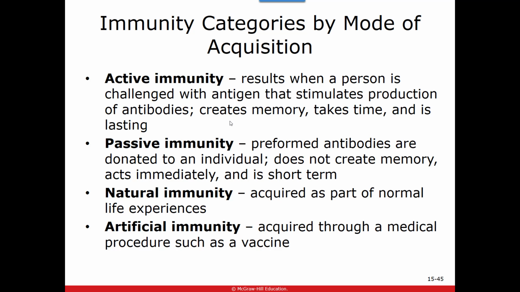And so there are times that you are given antibodies so that those immediate antibodies can bind up the toxic venom. So you're given antivenom. You're given antibodies against that particular antigen. Another example is tetanus. I talked a little bit about tetanus shots or vaccines.